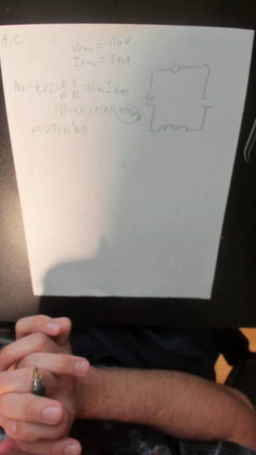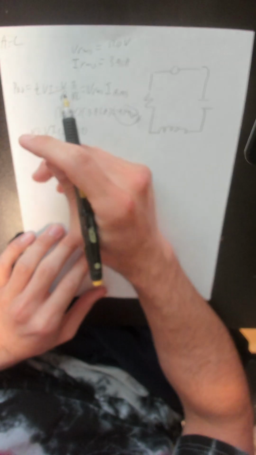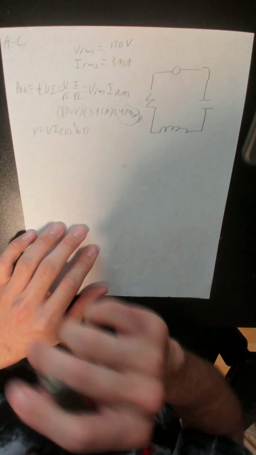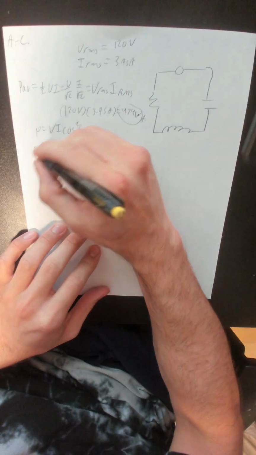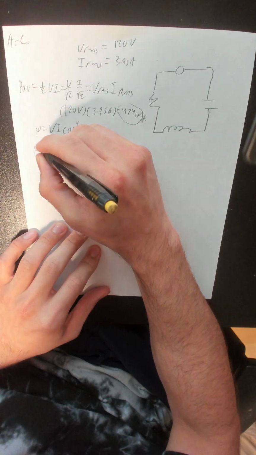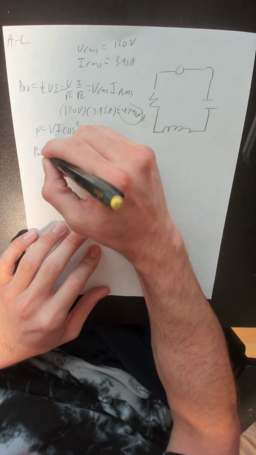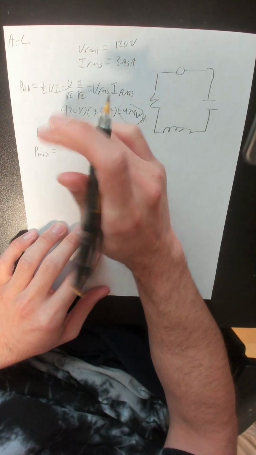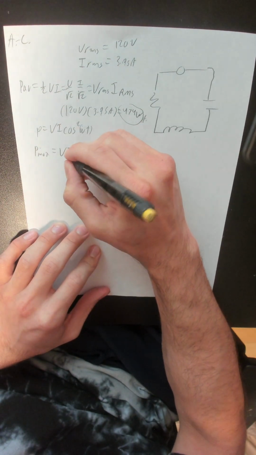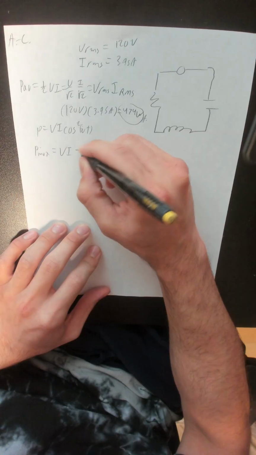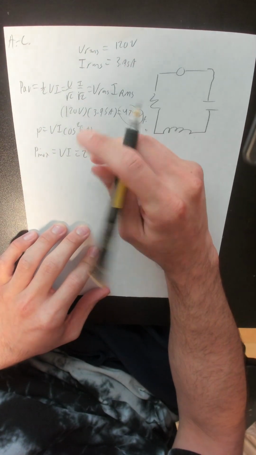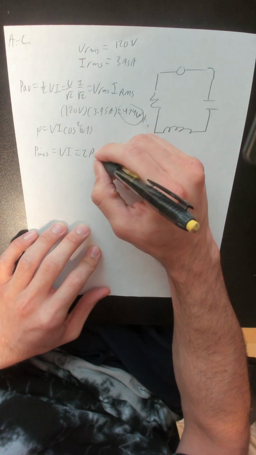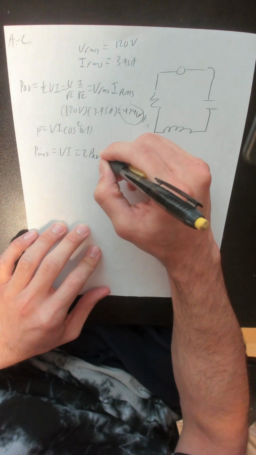The maximum of the instantaneous power would be P max equals voltage times current, which is equal to 2 times P average.